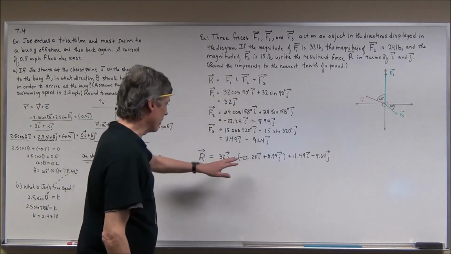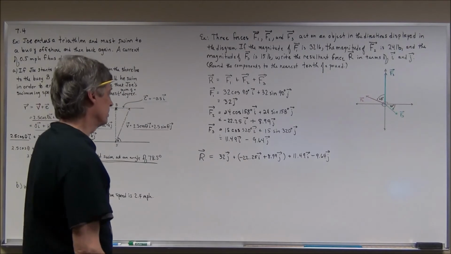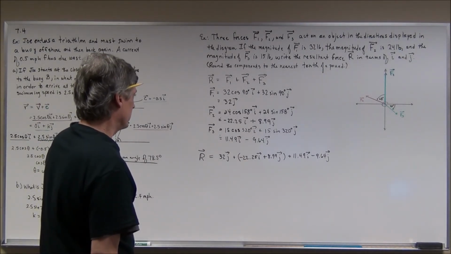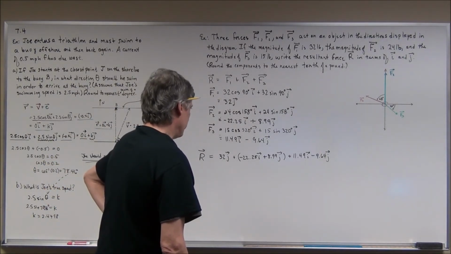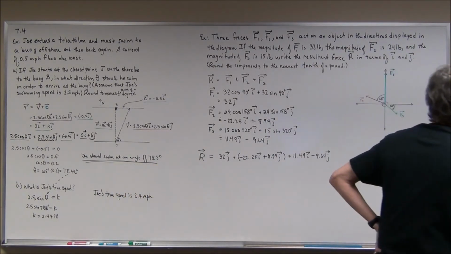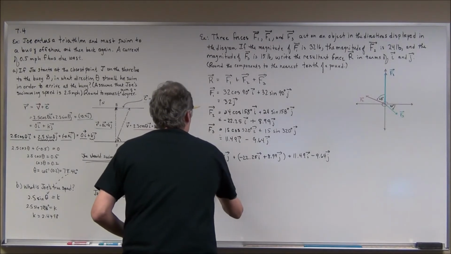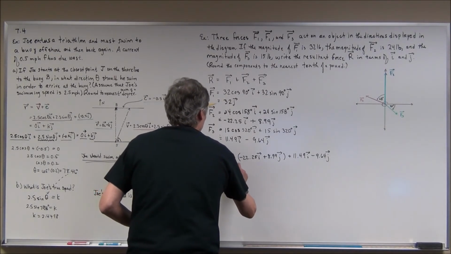So I'm going to add up all the i's, so I just have these two. A little more than negative 11. What would that be? Let's kind of cheat here. Negative 10.76i, negative 10.76 times vector i.